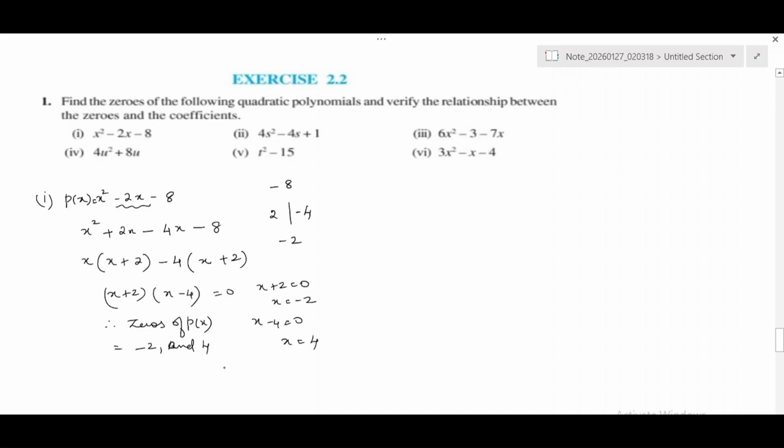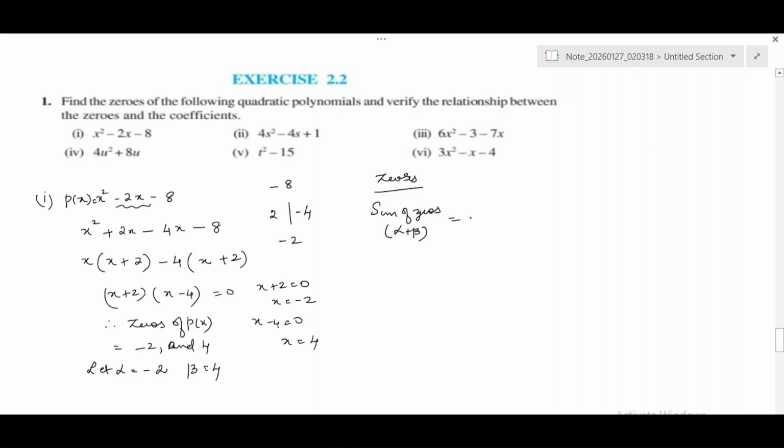Okay, now the sum of zeros. This is for zeros. So sum of zeros will be, now this will be alpha and beta. Let alpha be minus 2 and beta be 4. Okay, so sum of zeros, that is alpha plus beta.